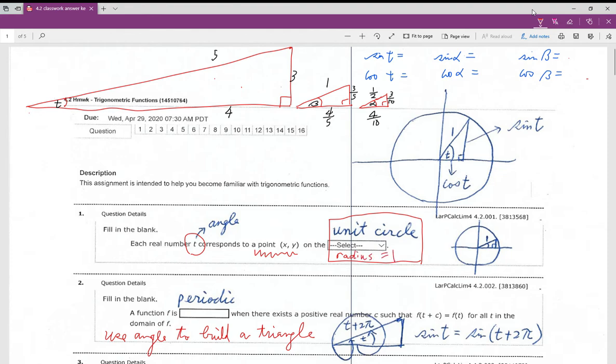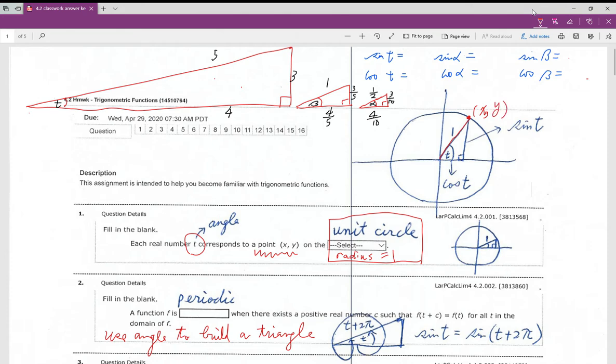So if you have a unit circle, it means the radius is 1. Then depending on the angle, you end up with the endpoint of the terminal side having a coordinate (x, y).